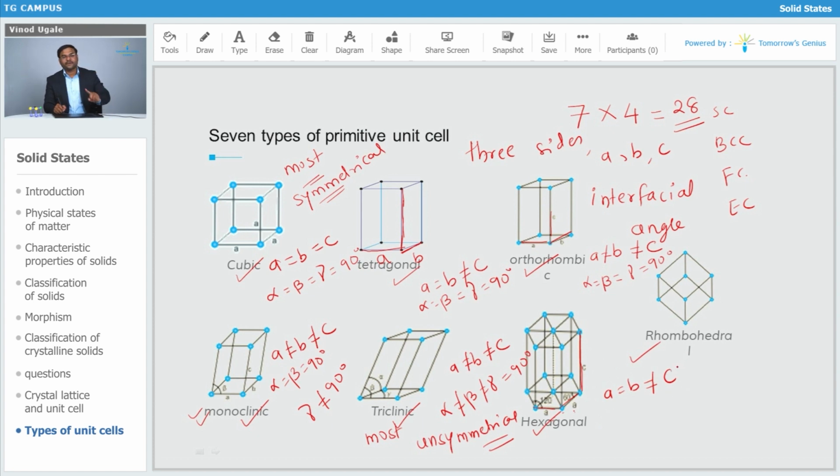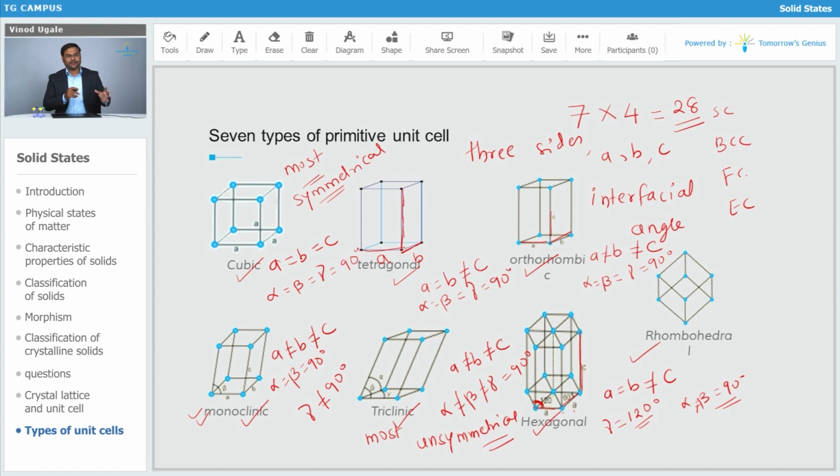Now in case of hexagonal, any one angle is going to be 120 degree, other two angles are going to be 90 degree only. So we can see over here, this angle is shown 120 degree, but the angles between the other faces are 90 degree only.